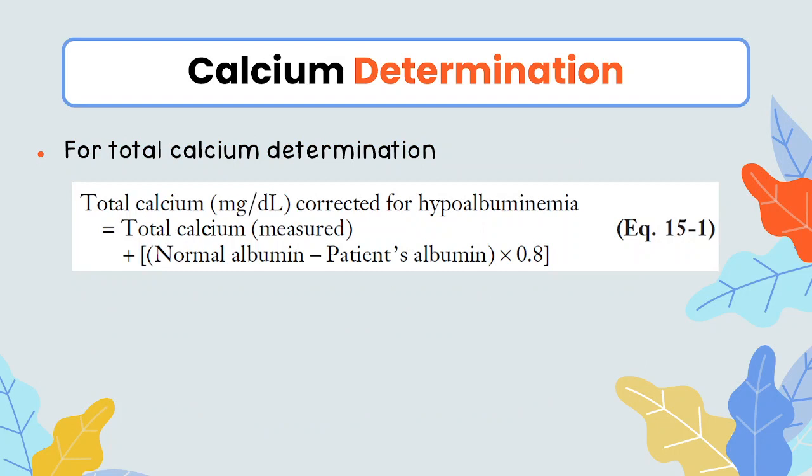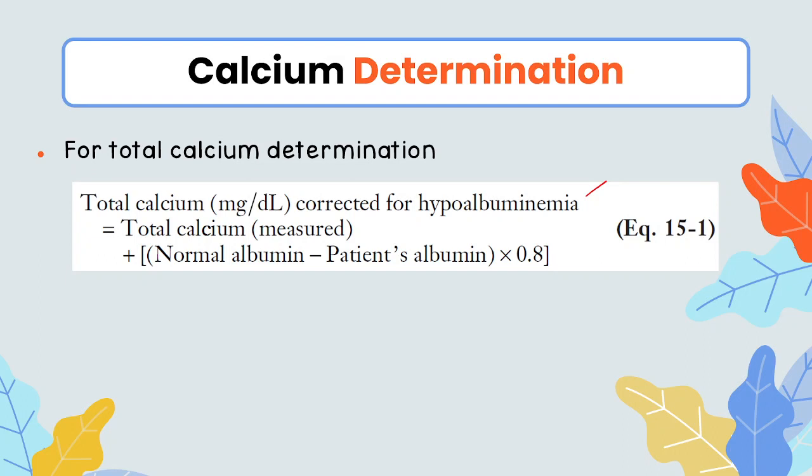Now here, I just would like to present this one, kids, since this is actually mentioned by Henry's, in which for your total calcium determination, we need to consider if your patient has hypoalbuminemia. Remember, I have mentioned just a while ago that the concentration of your protein, specifically your albumin, would greatly affect your calcium since most forms of calcium are protein-bound, bound to albumin.